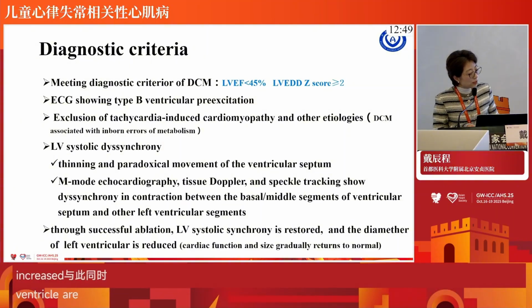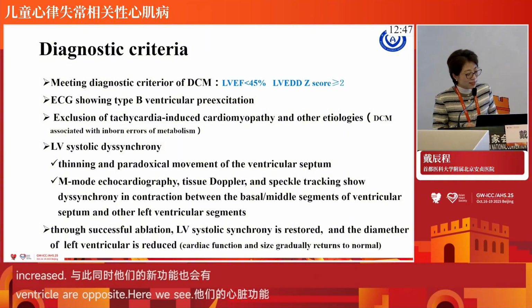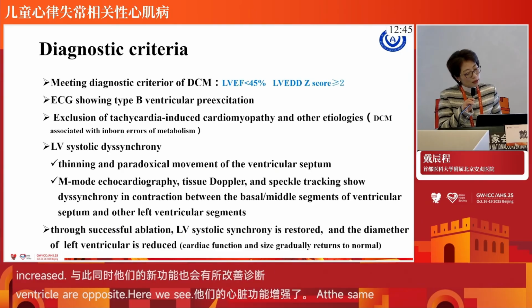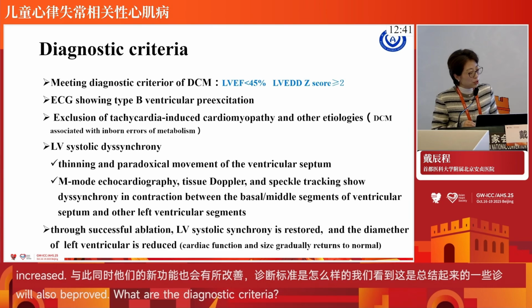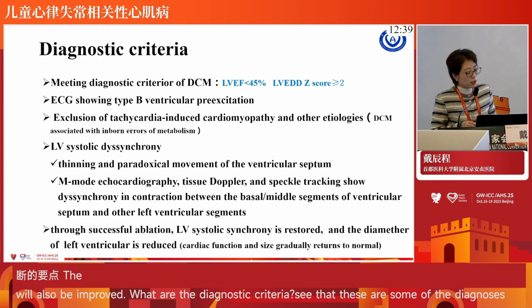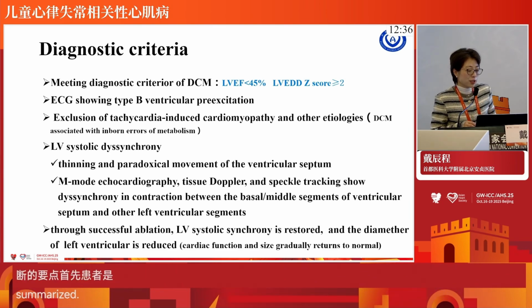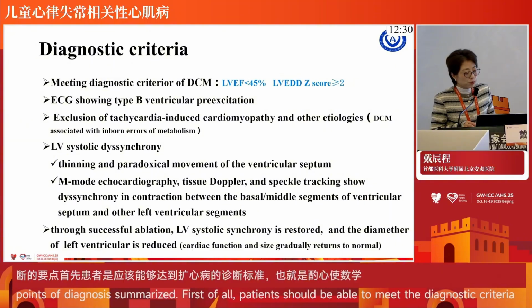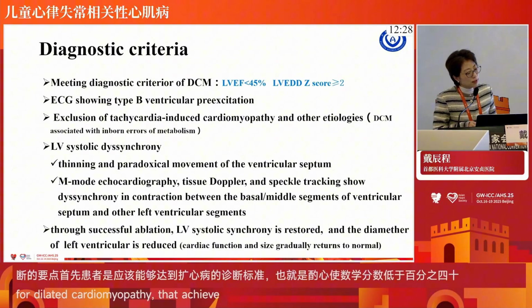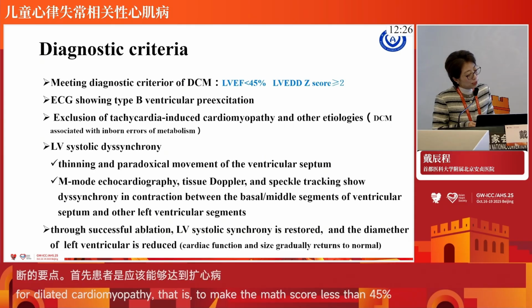These are the diagnostic criteria we summarized. First, the patients all meet the diagnostic criteria of dilated cardiomyopathy, that is, LVEF is less than 45%, and LVEDD Z-score more than 2. And the ECG shows type B ventricular pre-excitation.